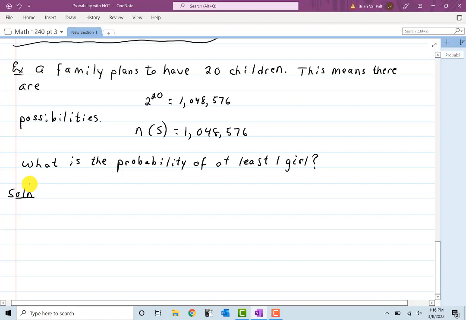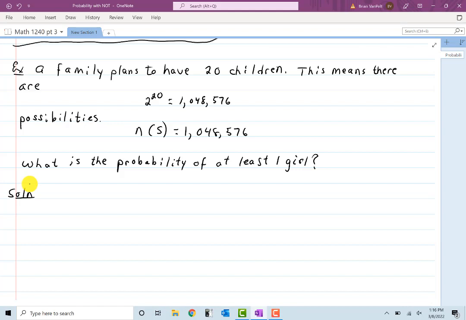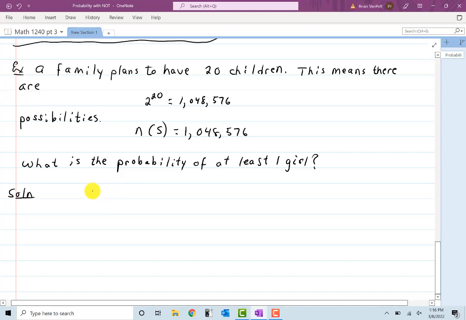It means at least one of those 20 children was a girl. So when we take a look at this, we have all boys or at least one girl. If I look at this collection, all boys or at least one girl, that equals the sample space because that does consist of everything.